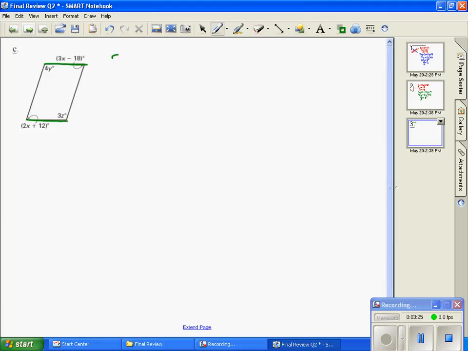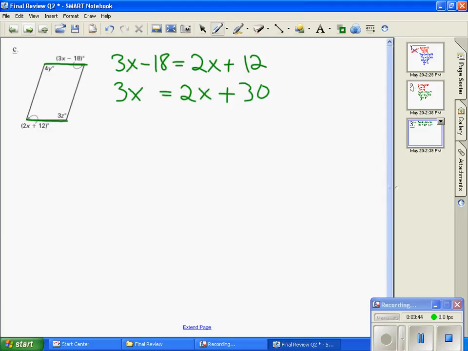So we have 3x minus 18 equals 2x plus 12. So I'm going to add 18 to both sides, and I'm going to subtract 2x from both sides. That gives me x equals 30.